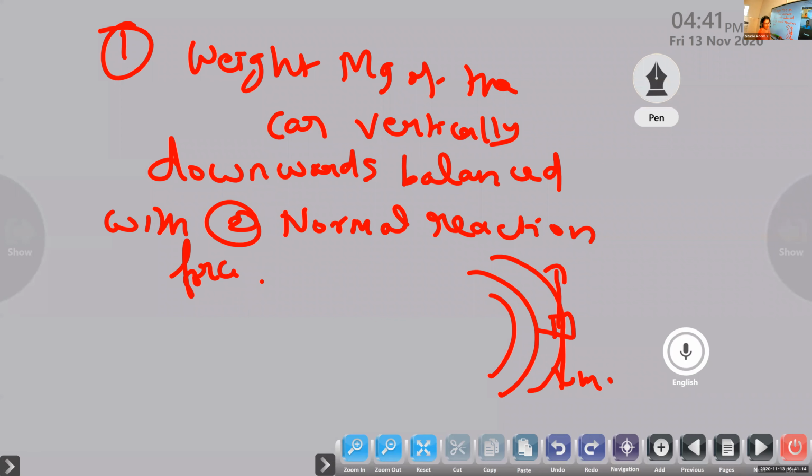So this is mg and this is R. If you draw a tangent there, the forces acting vertically downward and upward are mg and R. So we get R is equal to mg, or R minus mg is equal to 0.